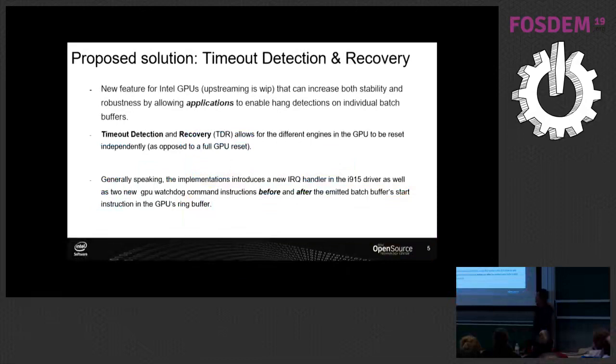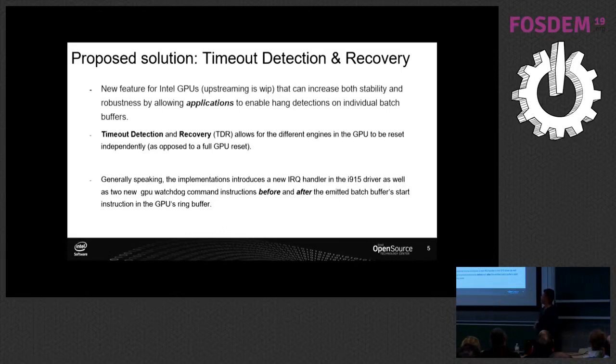So the proposed solution is called timeout detection and recovery. It's a new feature. It's still work in progress. It can increase both stability and robustness by allowing applications to detect when an individual batch buffer has corrupted the GPU.